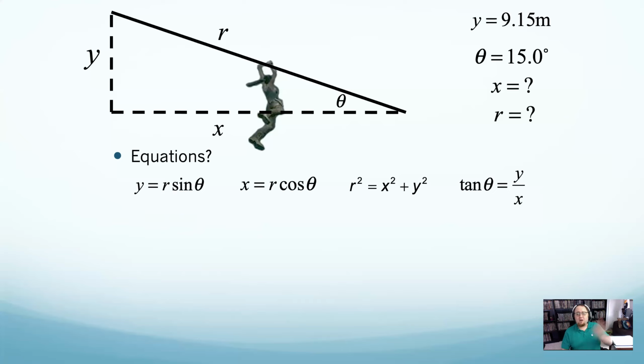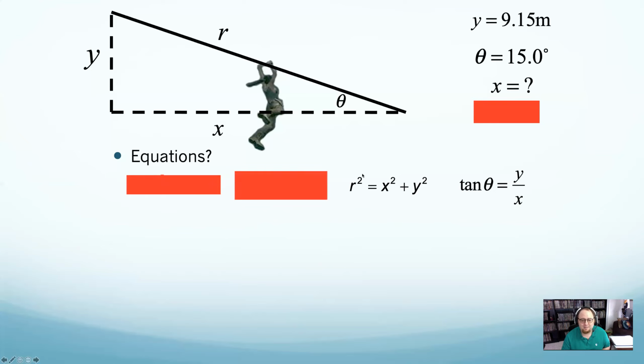And say, okay, I want to solve for x. If I'm ignoring part B so far, which is solving for all, I would say I know y, theta, and I want x. So equation 1 has an O in it. Don't know all. Equation's gone. Equation 2 has an O in it. Don't know all.